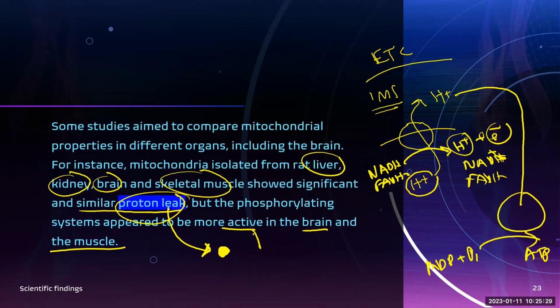This is very active in brain and muscles because the energy requirement is higher for them. Both are excitable cells and they need a large amount of ATP. So if you are asked what the proton leak is, you should mention NADH and FADH oxidize.